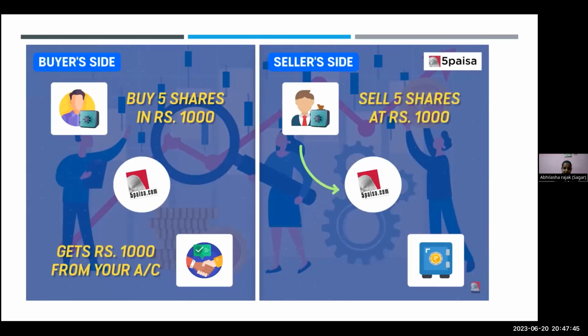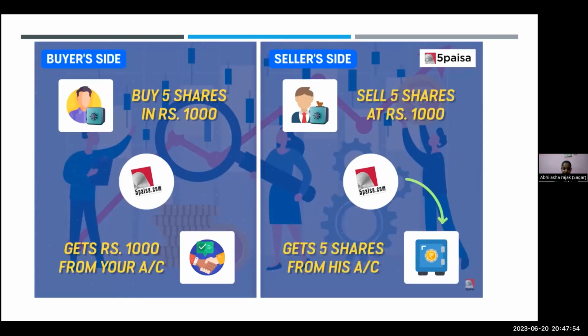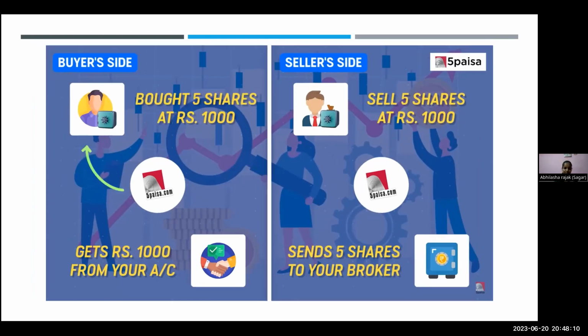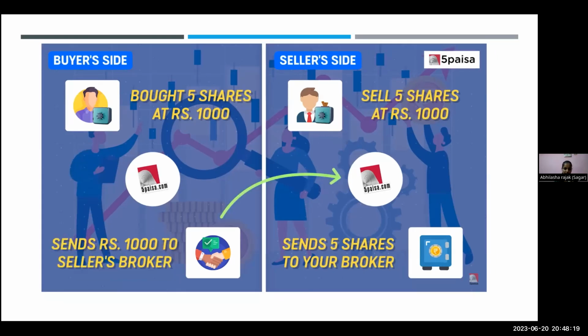On the seller side, the seller sells 5 shares at 1,000 rupees, and the stockbroker gets 5 shares from the seller's account. Then the stockbroker sends 5 shares to your account, and sends 1,000 rupees to the seller's broker.